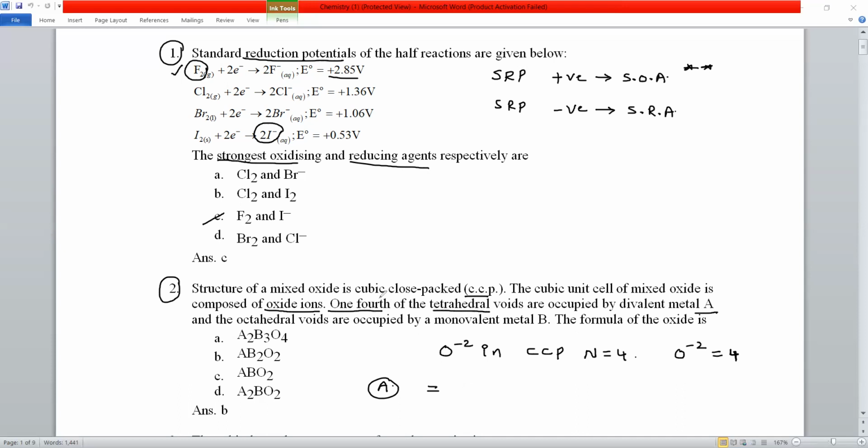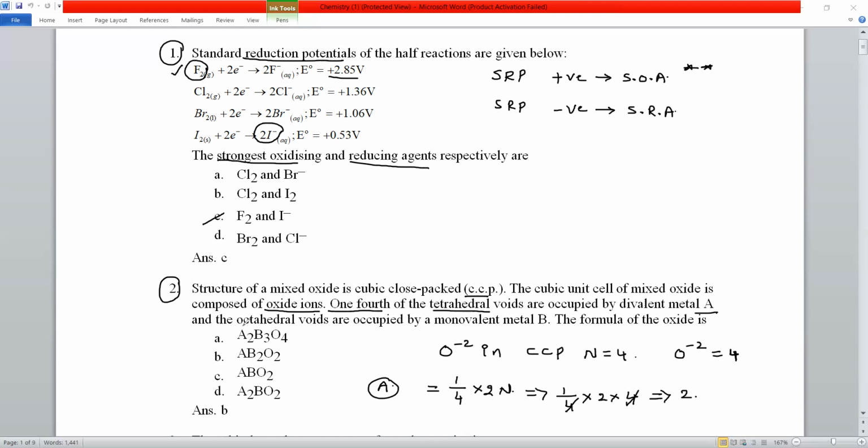It is one-fourth, so one-fourth into 2 into N. The N value for CCP is 4, so the 4 gets cancelled. We get 2 into 1, so 2. So A is 2, and oxides are 4.